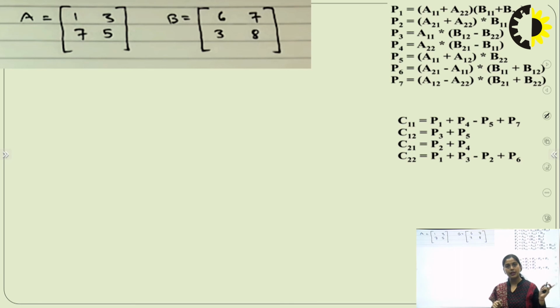In that method, we are using 8 multipliers, and in this method just 7 multipliers are there. So as I discussed earlier, the time complexity of the iterative method is n to the power 3, and in this approach, the power is a little bit reduced, which is n to the power 2.8.